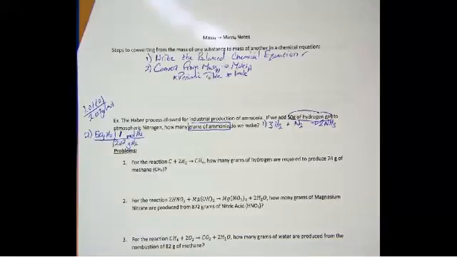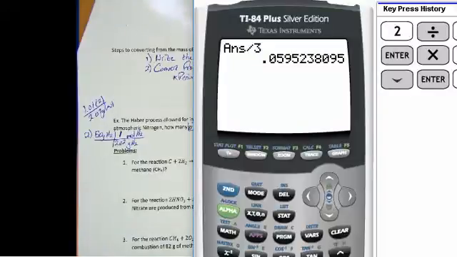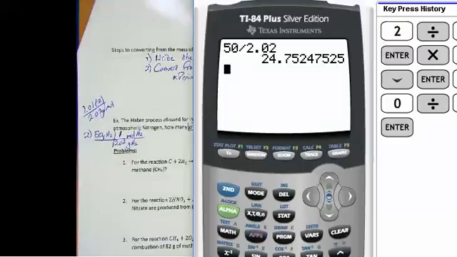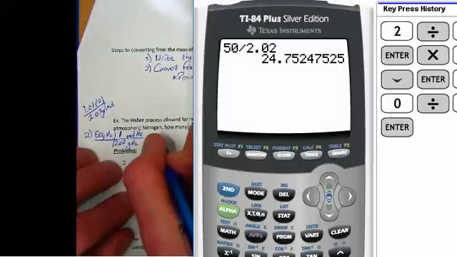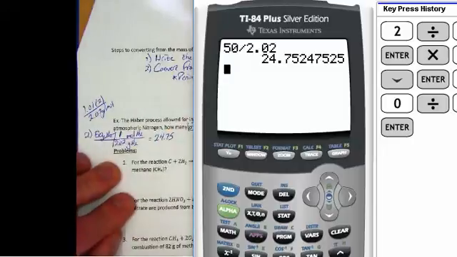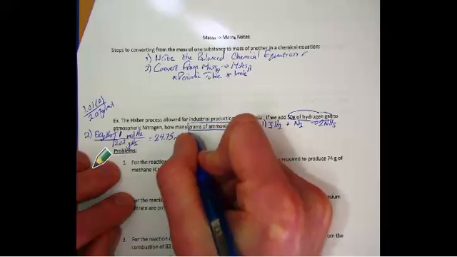Now, in order to calculate that, we'll swap over to our trusty dusty calculator, and we will divide 50 by 2.02. We get 24.75. Now, when I cancel my units, we're left with moles of H2.